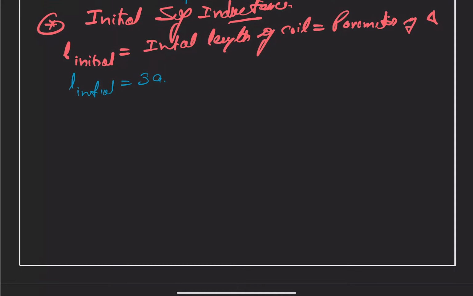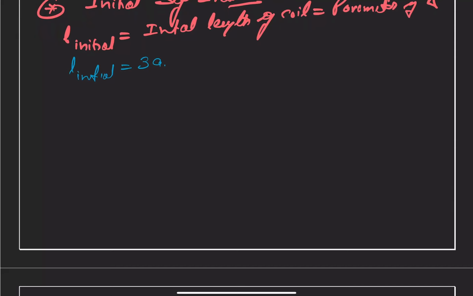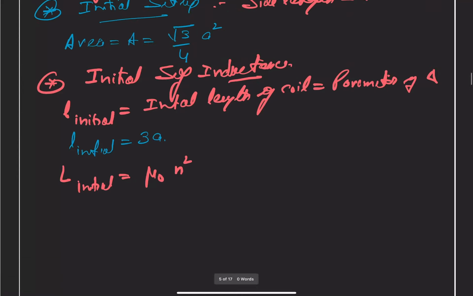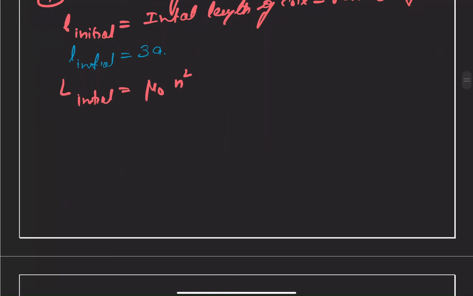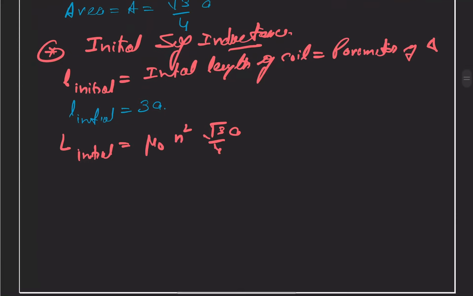So we can write the initial self-inductance, L initial, will be equal to mu naught n square, and here we have area, square root of 3 divided by 4 times A square, multiplied by length initial, that is 3A.